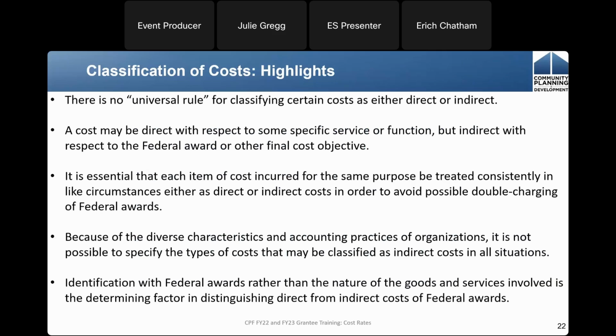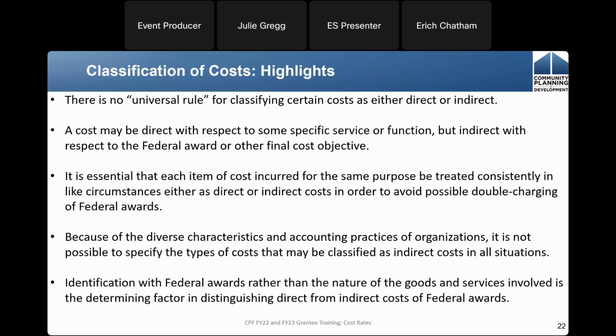So there's no universal rule on classifying costs between direct or indirect. Oftentimes you'll have costs that could go either way. And so we're going to work through methodologies for appropriate determination.